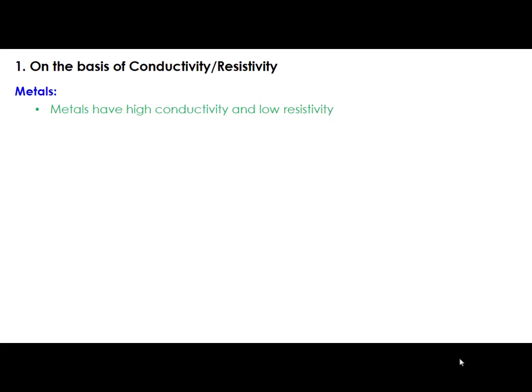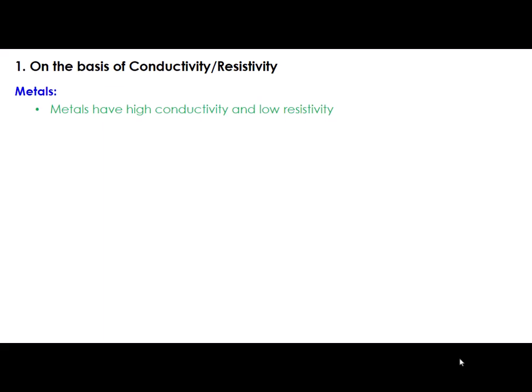Now, since conductivity and resistivity are inversely proportional to each other, they are reciprocals of each other, it is obvious that if the conductivity is high, then the resistivity will be low, and if the resistivity is high, the conductivity will be low.